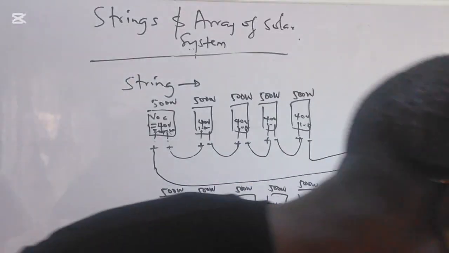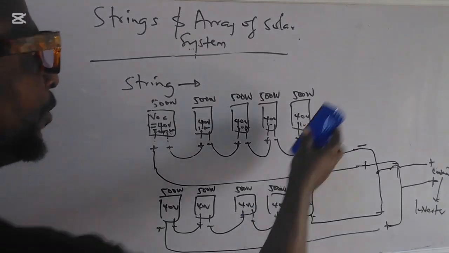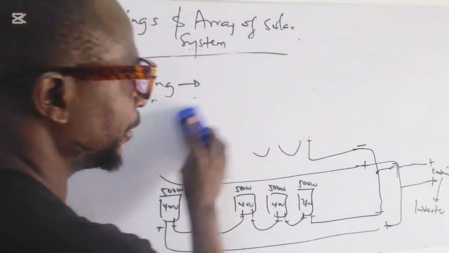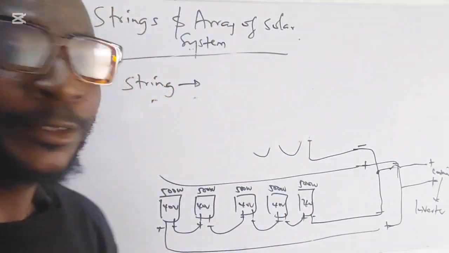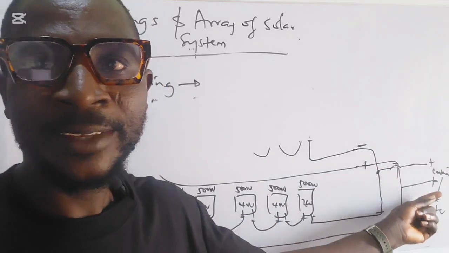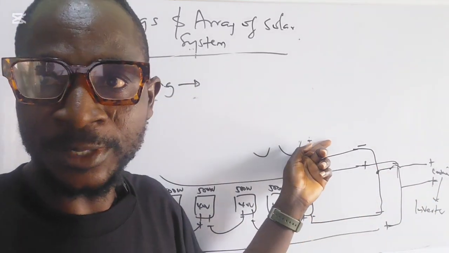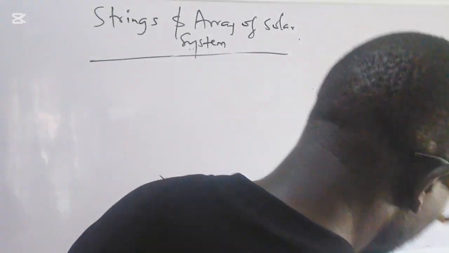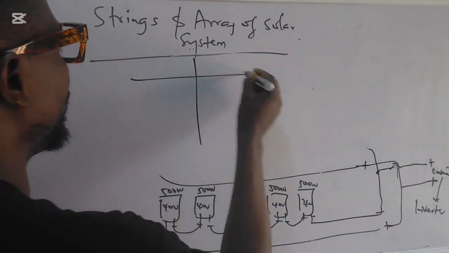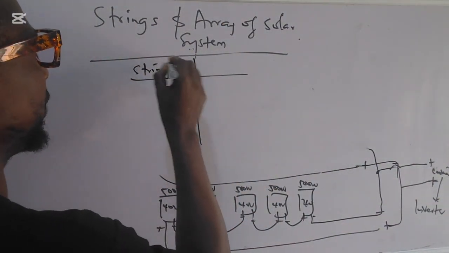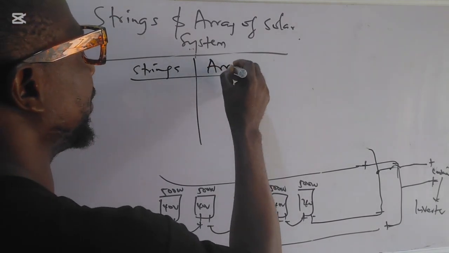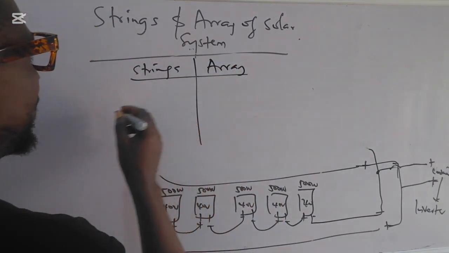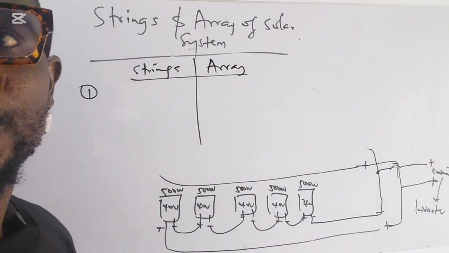Now these are the few take home. Let's take note. So please, at the end, you parallel this string and this string together. We have strings. We have array. Now the first one, please let's take note.